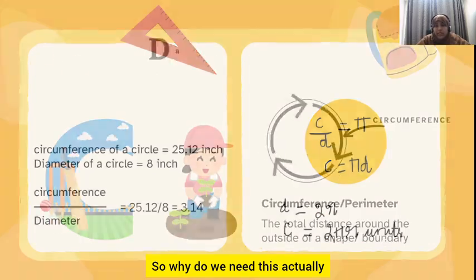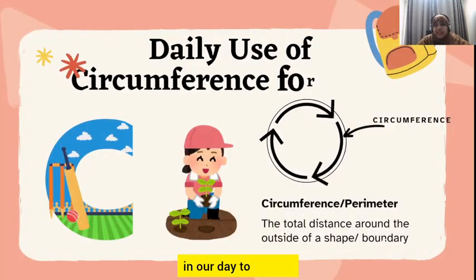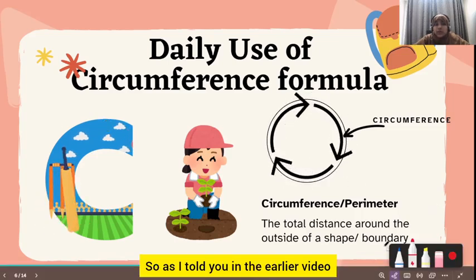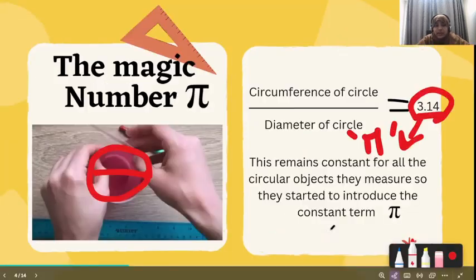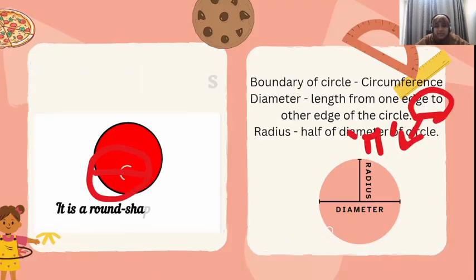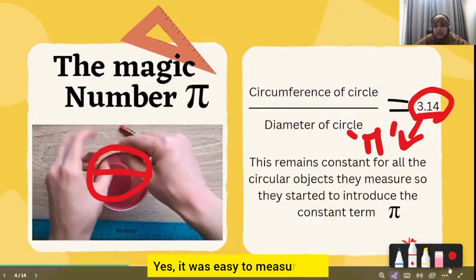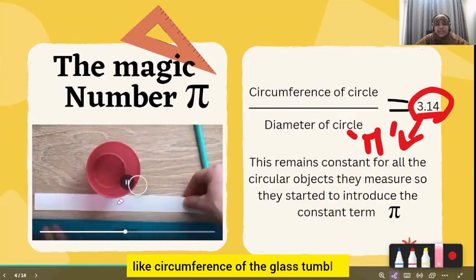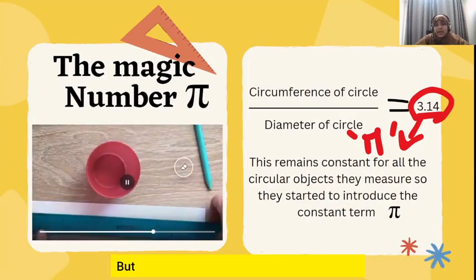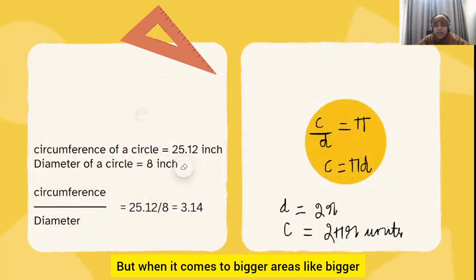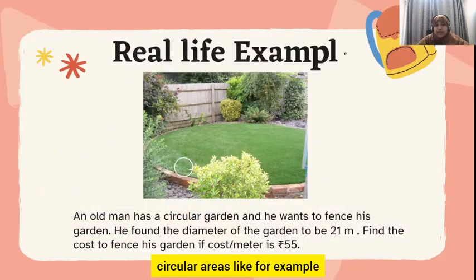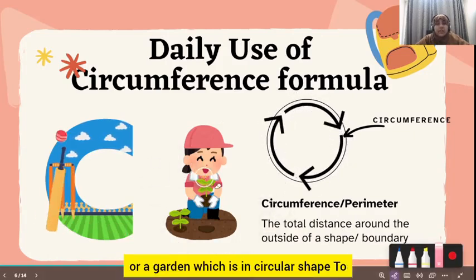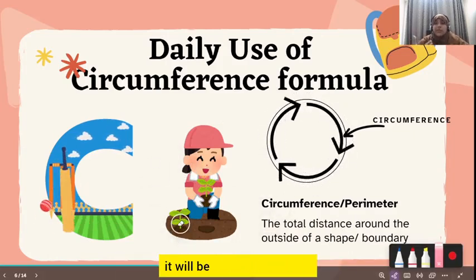Why do we need this in our day-to-day life? Why are we supposed to find the circumference? As I told you in the earlier video, it was easy to measure the circumference of a glass tumbler which is round in shape. But when it comes to bigger circular areas, like a cricket ground or a garden in circular shape, finding the circumference will be very difficult, right?